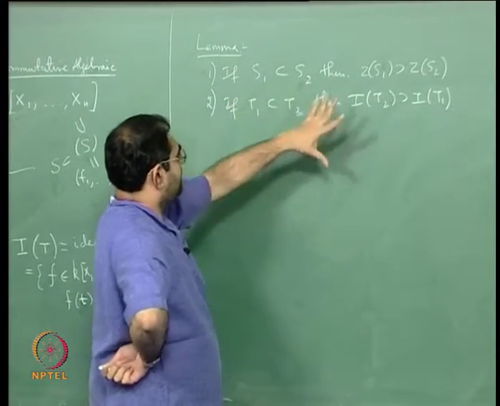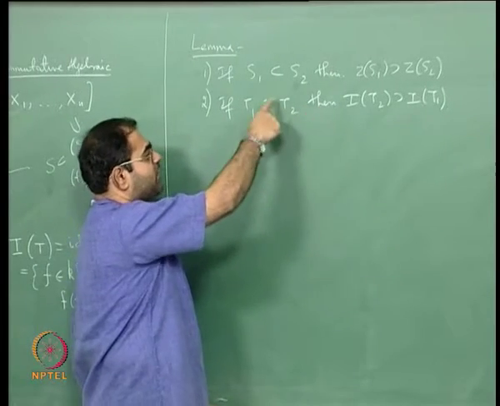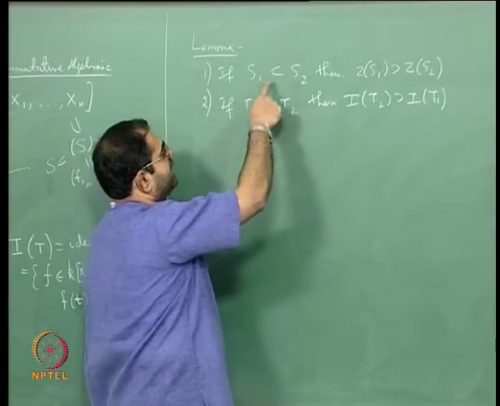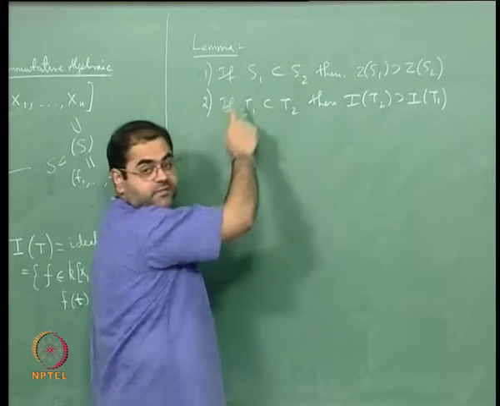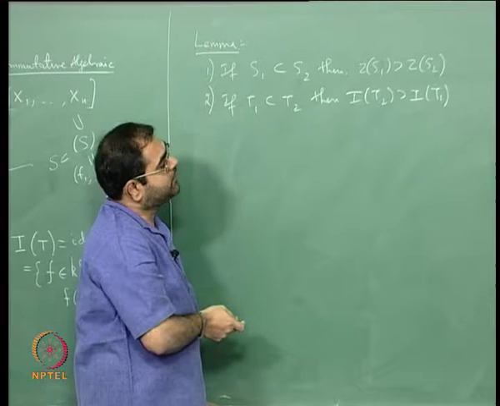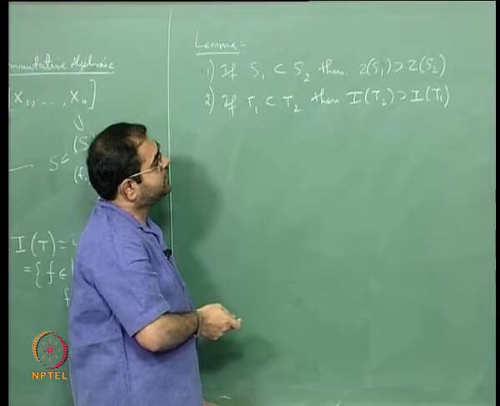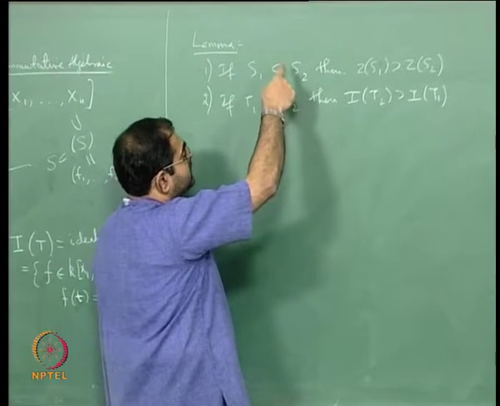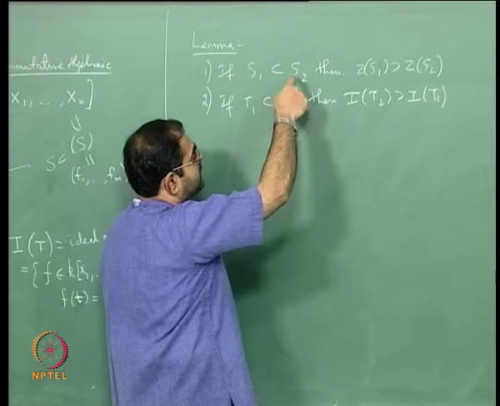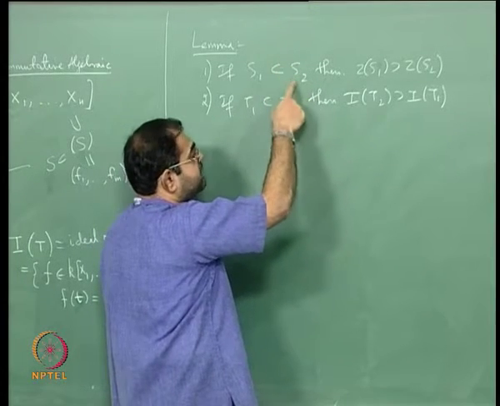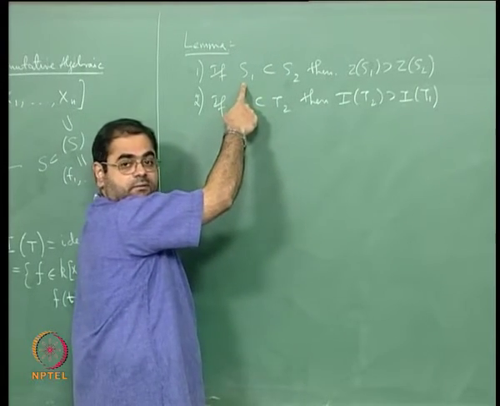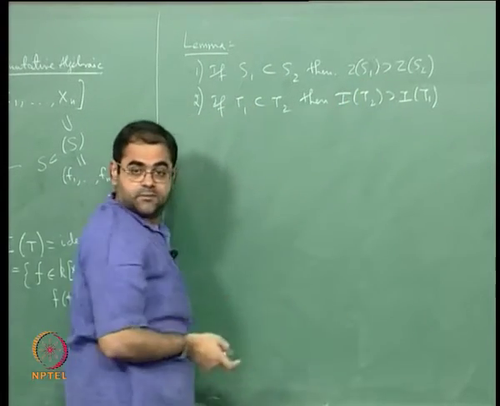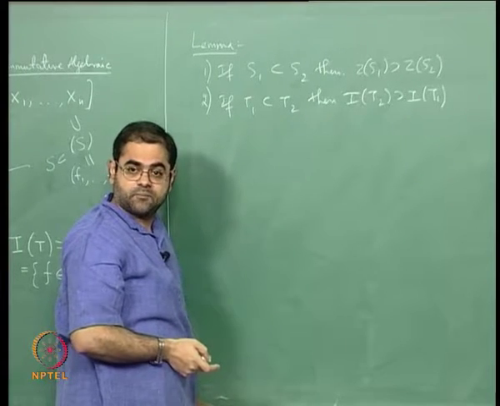So let me talk through this. Okay, so you see, S2 has more equations than S1. Okay, so a solution, a point of the affine space which satisfies every equation in S2 will always satisfy every equation in S1. So this is correct, right? I think there isn't anything wrong there.